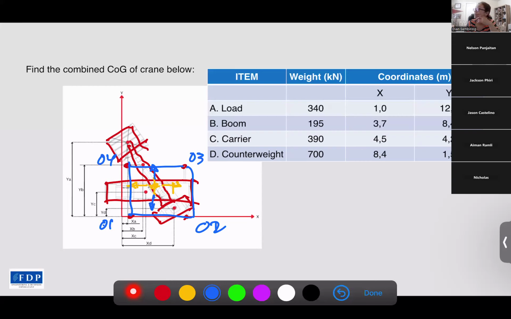But the task is only up until finding the COG location. If you have a case like this where you want to find the outrigger forces, you will easily find the reactions by using the previous calculation. So this is only until the COG location.